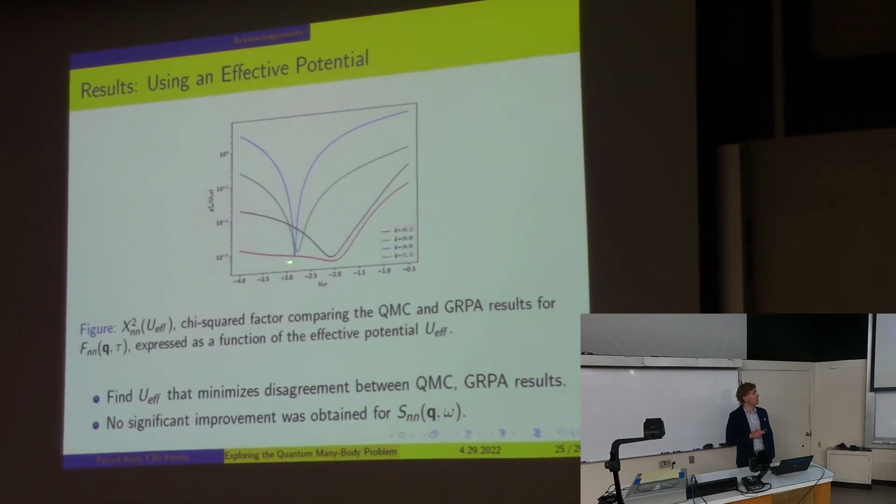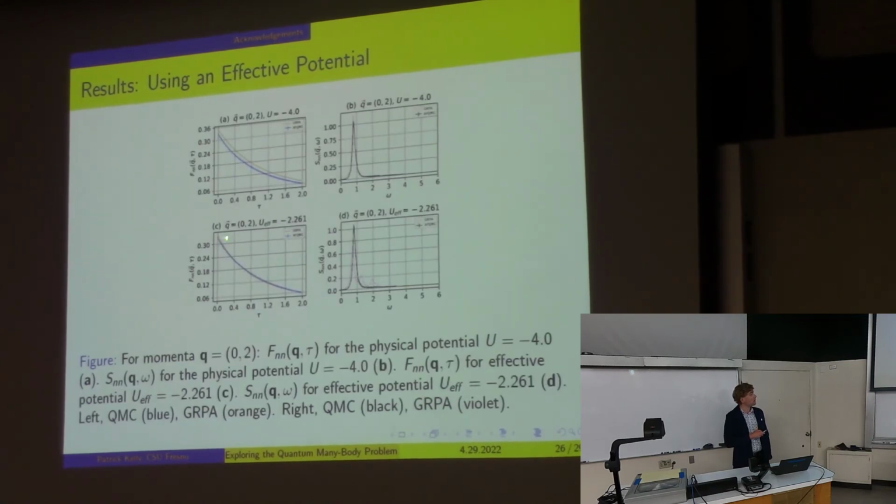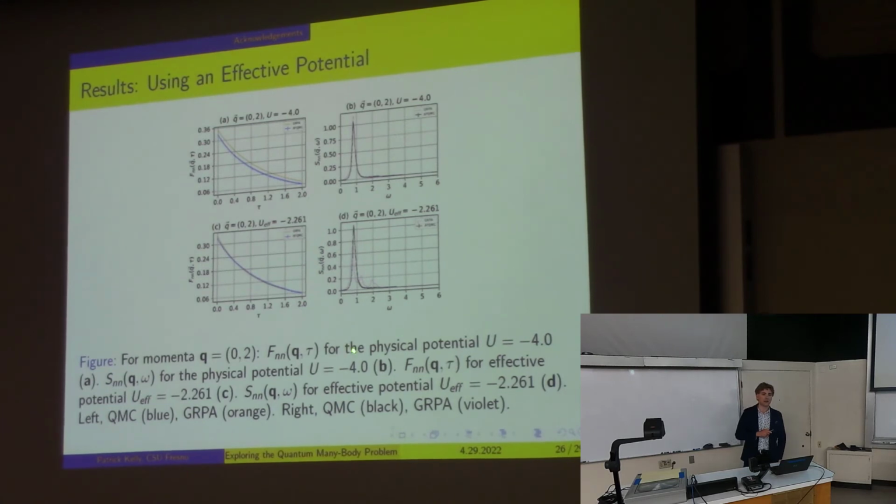And I found the minima that minimizes the discrepancy between the two data sets. And then I plugged that U effective back into the GRPA code and tried to see if we could get results that were closer to QMC. And it works in the sense that it's closer, at least for the intermediate scattering functions.